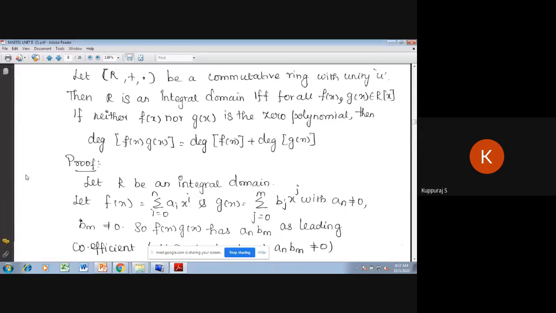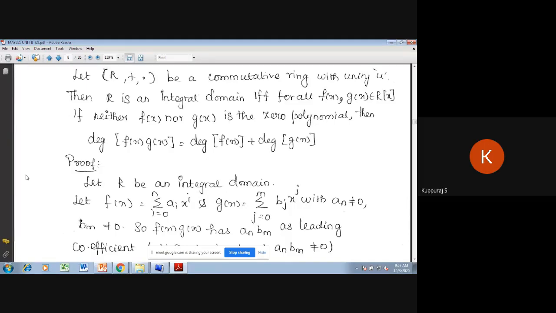If R is an integral domain, then we have to prove degree of f(x)·g(x) equals degree of f(x) plus degree of g(x). Then the converse part: if degree of f(x)·g(x) is equal to degree of f(x) plus degree of g(x), then R will be an integral domain.